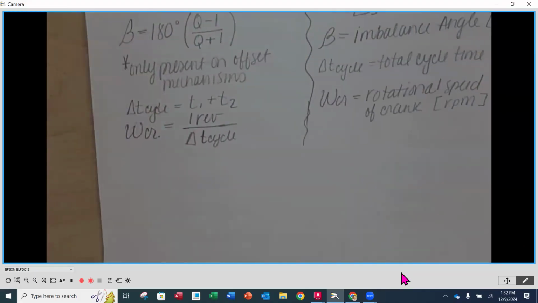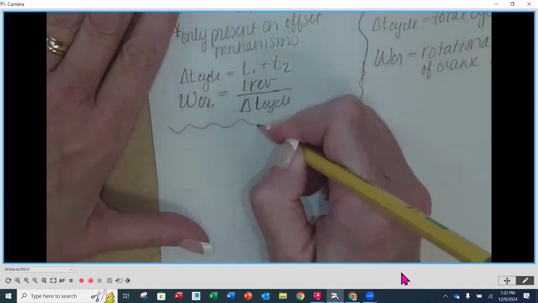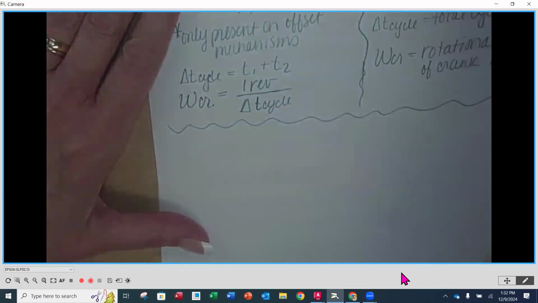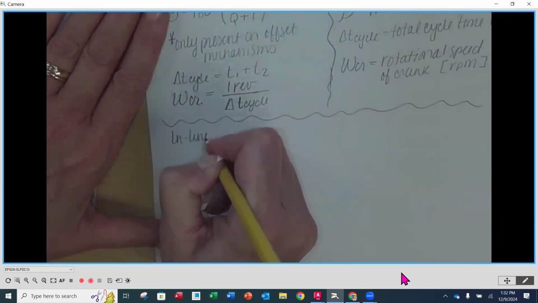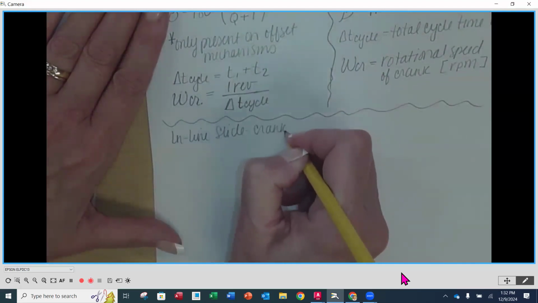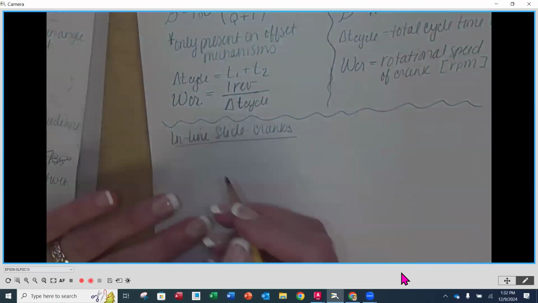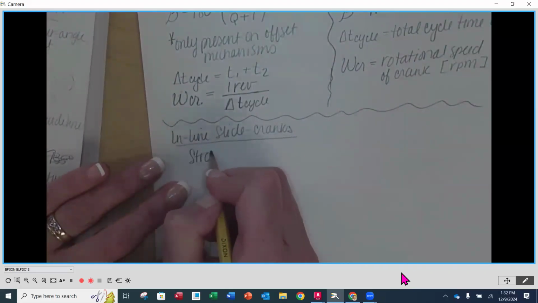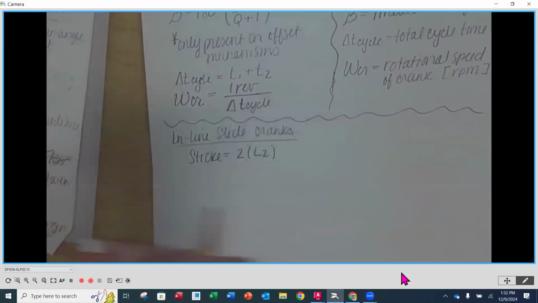So in this section, I'm going to start a new section here, and this is going to be for inline slider cranks. We know that the stroke is going to be equal to 2 times L2, or L2 is equal to the stroke divided by 2.